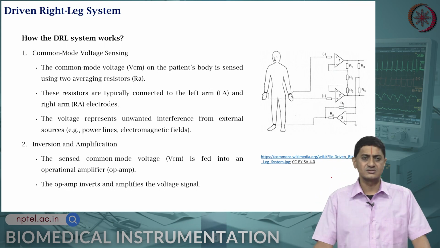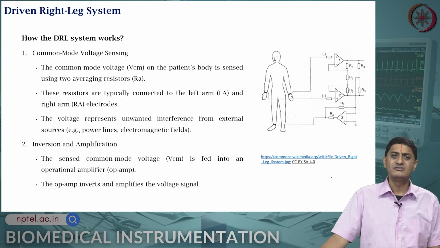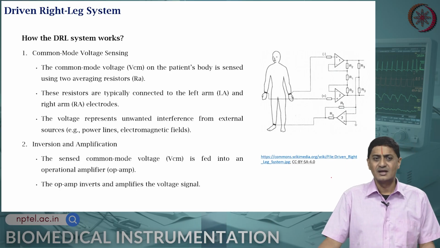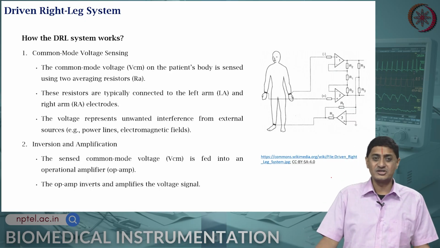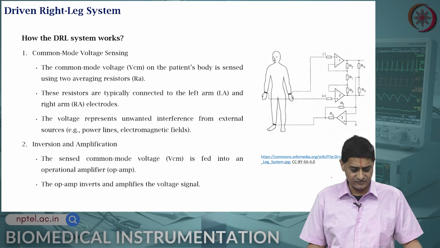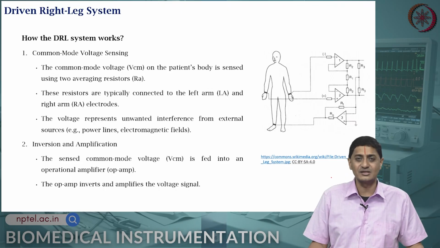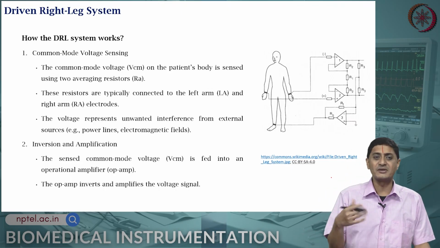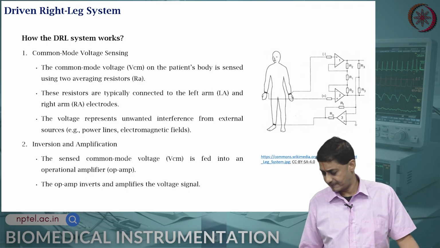Common mode noise comes from the power lines and electromagnetic fields, and this sensed interference information is fed into the inverting terminal of an op amp. This op amp inverts and then amplifies the voltage signal.